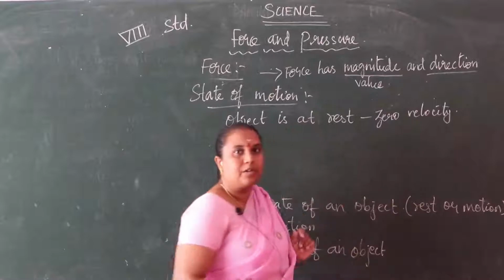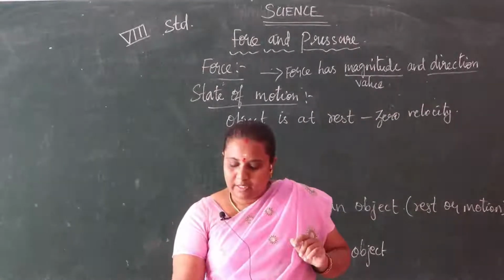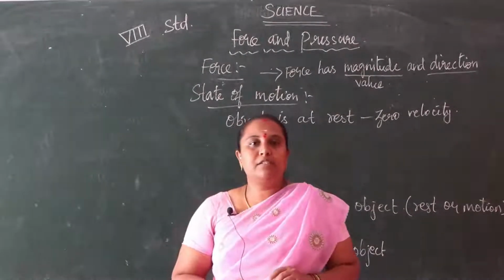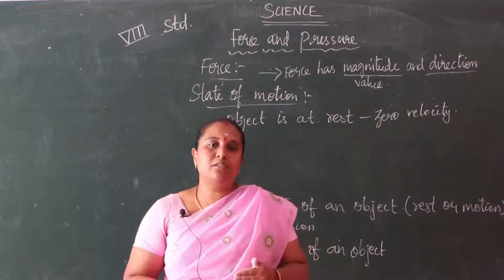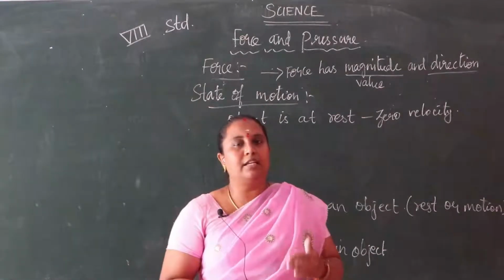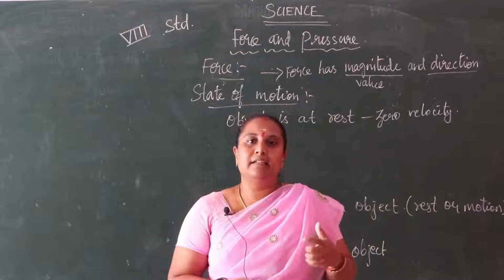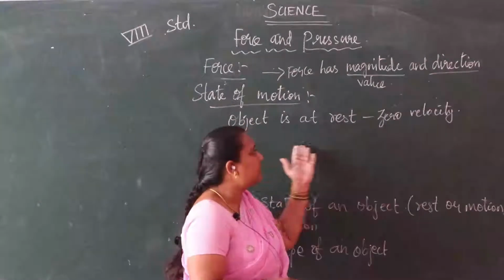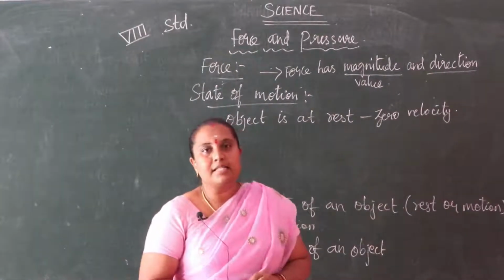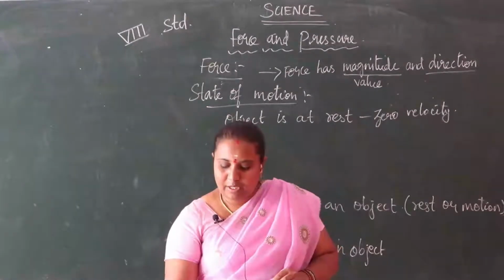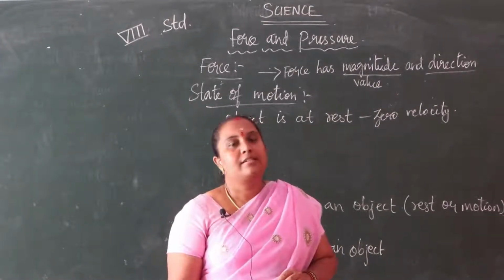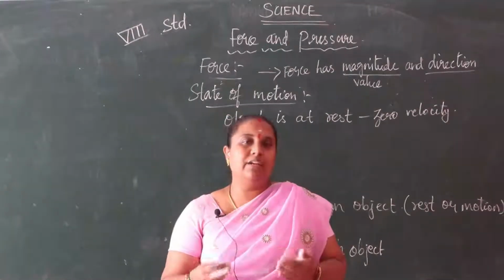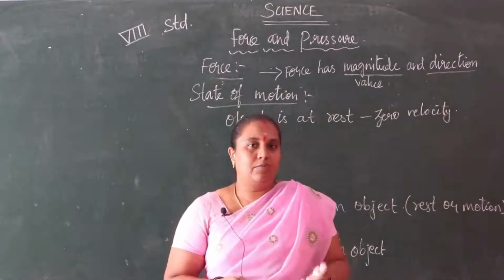Zero velocity is in the absence of unbalanced forces, that is, in the absence of any force. The object is at rest, and this should be mentioned as zero velocity. It will change its state of motion when we give any force to the object.